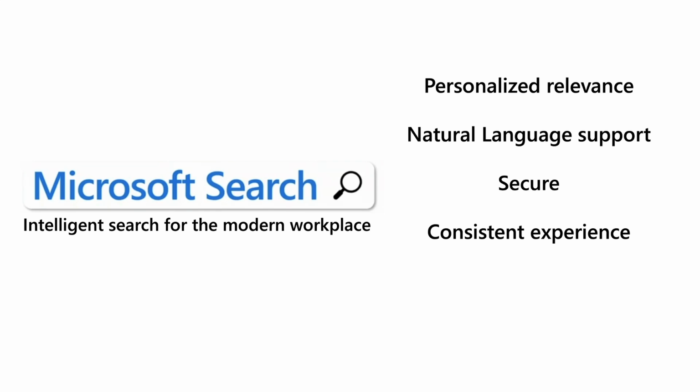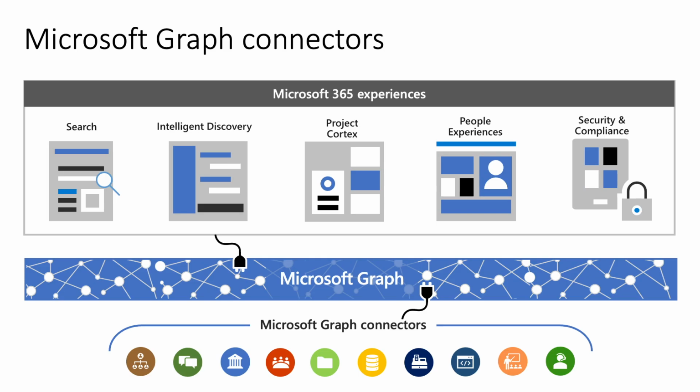Last but not least, Microsoft Search can support any content source, allowing you to break down those data silos and search over all of them. The last point here is where Microsoft Graph connectors come in. Graph connectors empower organizations to bring in external data into the Microsoft Graph, which is the data fabric that in turn powers multiple intelligent experiences within Microsoft 365, which includes search.